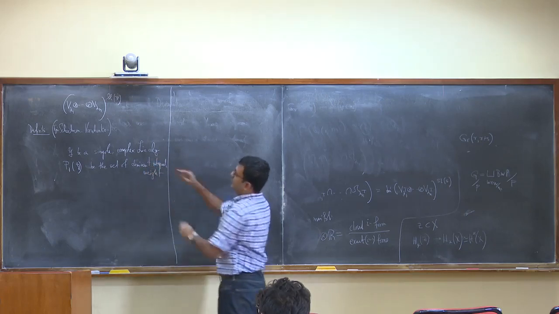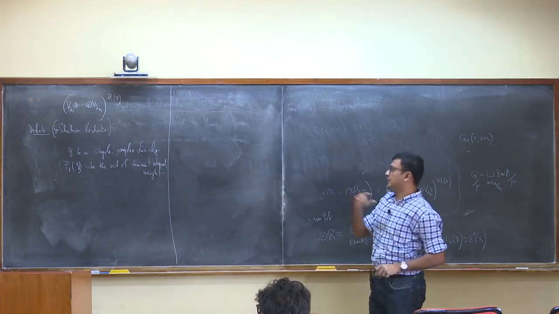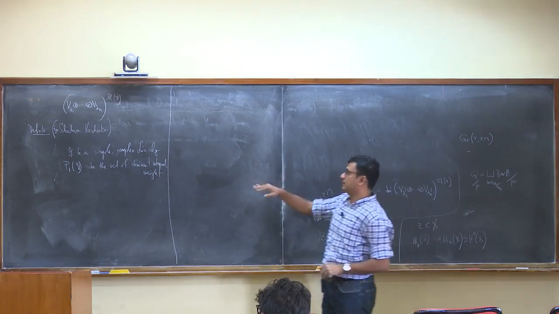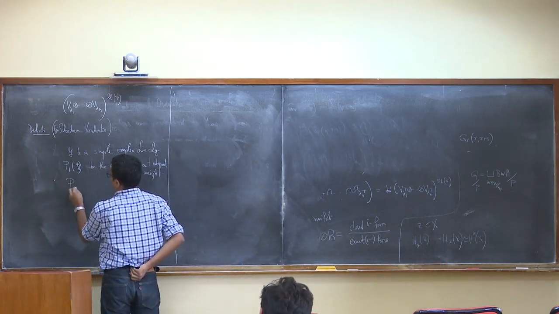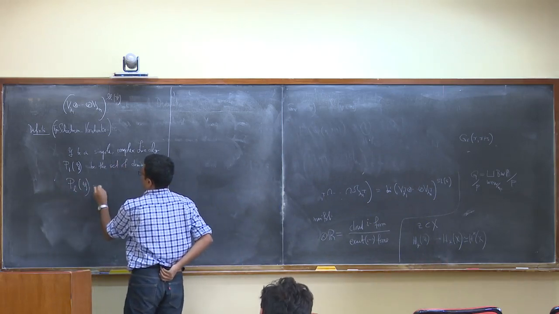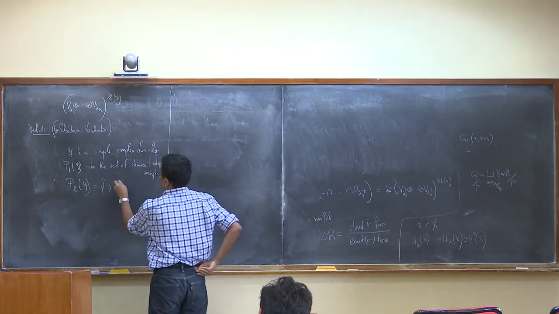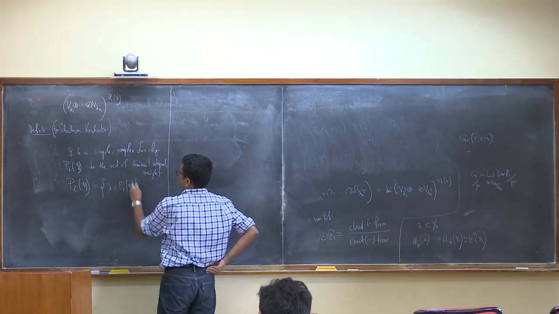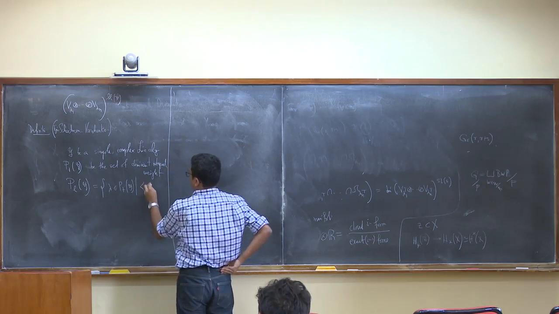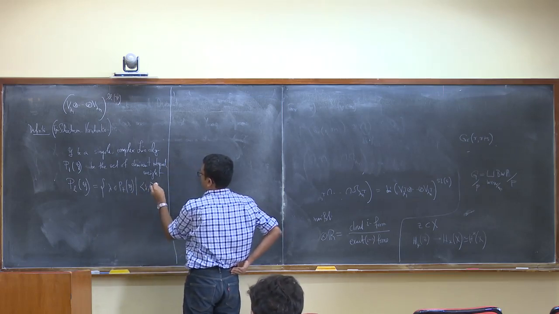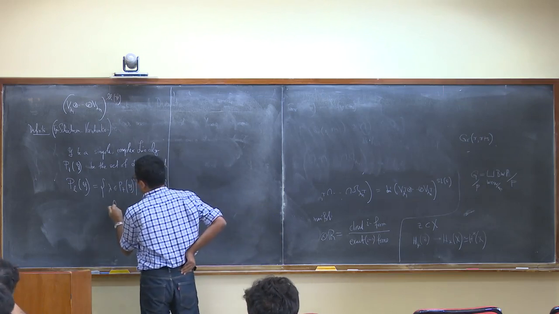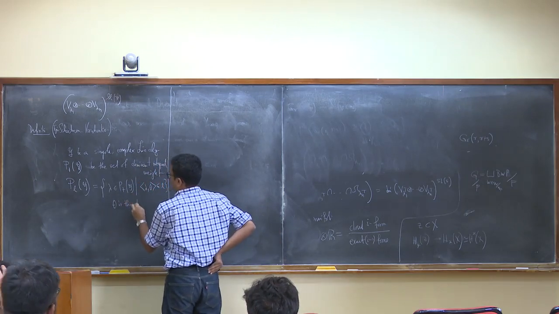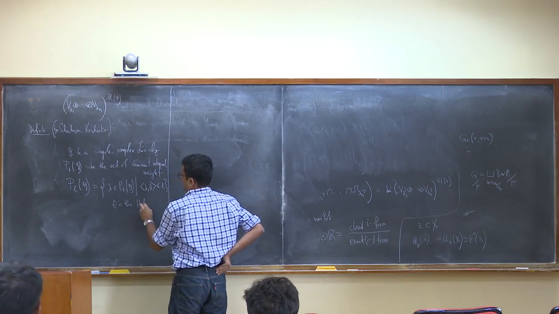That means all representation theory of g is parameterized by this discrete set, and I'm going to cut off this discrete set by an integer: lambda in P plus of g such that lambda(theta) is less than or equal to l, where theta is the highest root.